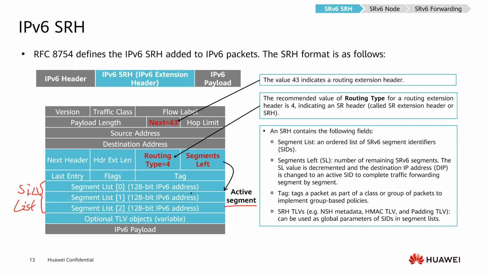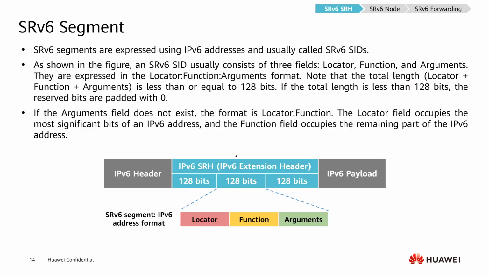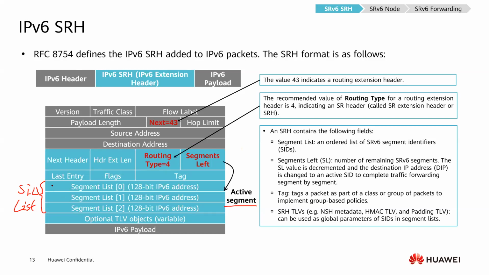It describes the path for a certain packet. Each of these fields, we call the segment ID or SRv6 segment.